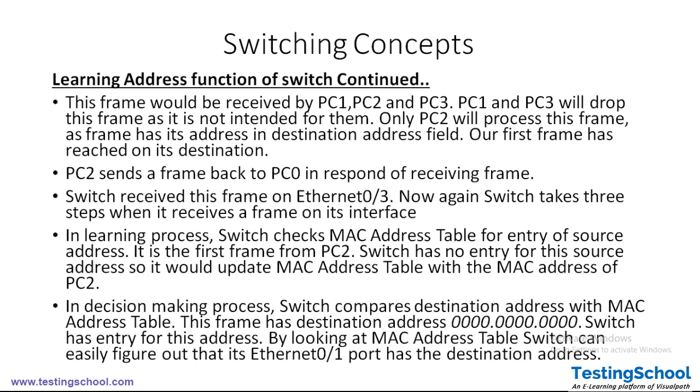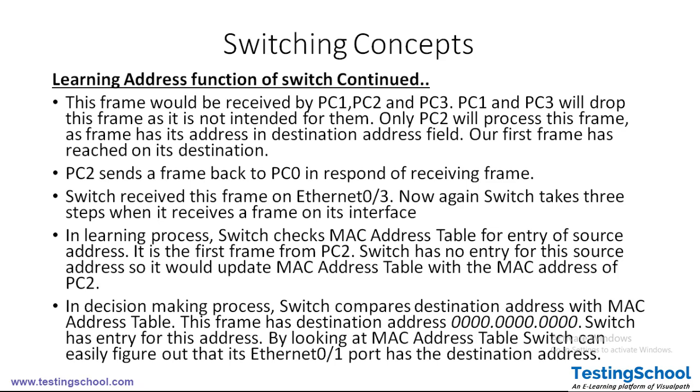So it will see the destination as 0000. When it sees the destination address, it will compare it with the MAC table. In the MAC table, it has found the entry at 0/1 0000, that is PC1 is present.